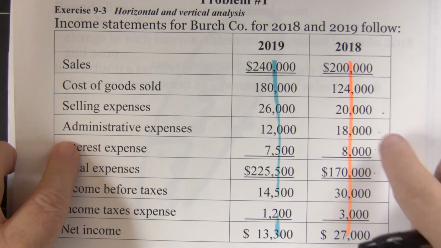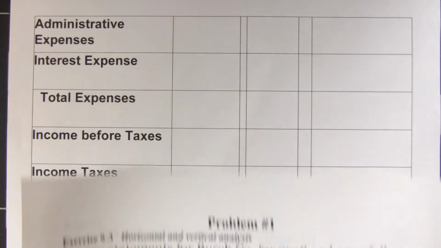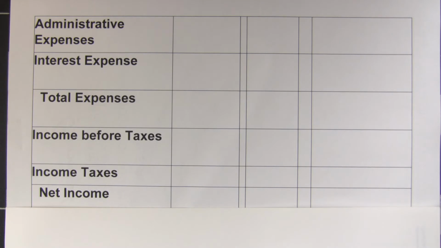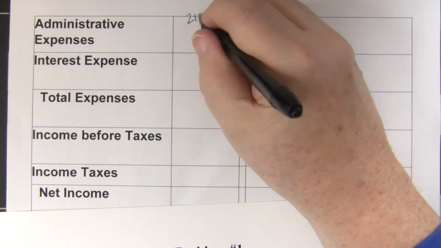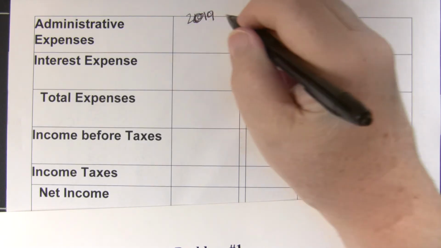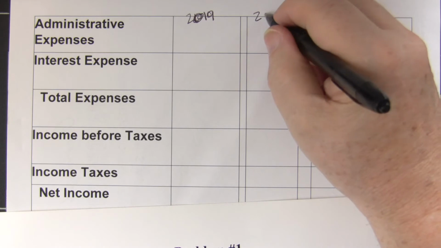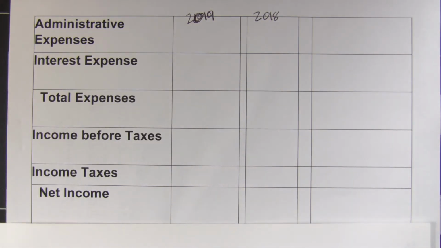Administrative expense, year 18, year 19. So the administrative expense, and this is 2019. I'm such a dimwit. 2019, 2018.